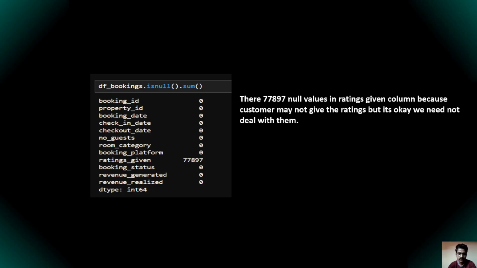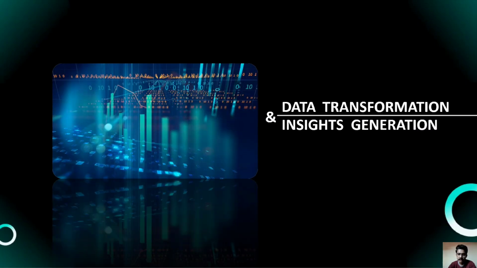We found that the ratings given column has 77,897 null values, which can be okay because sometimes customers may not give ratings, so we need not deal with them. Now comes the data transformation and the insights generation.